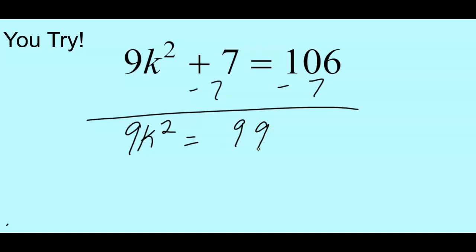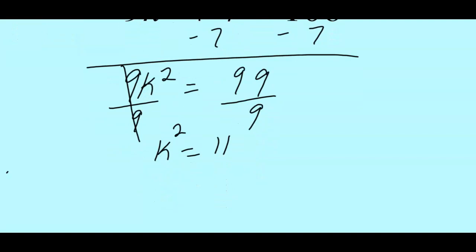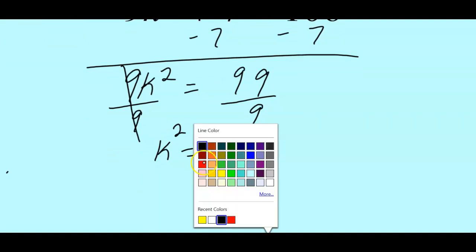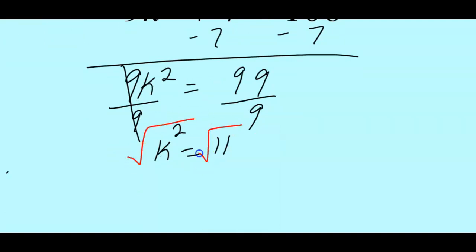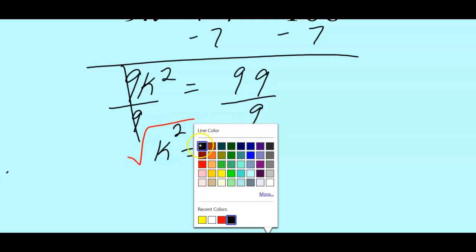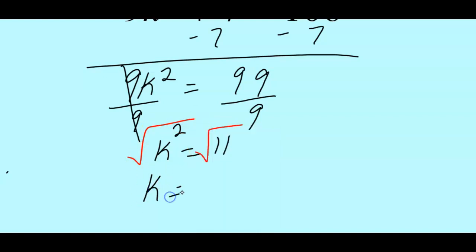I'll just double check myself. Okay, divide by 9. K squared equals 11, because 99 divided by 9 is 11. Take the square root of both sides. So k equals plus or minus the square root of 11.